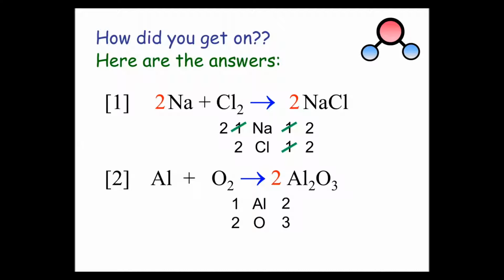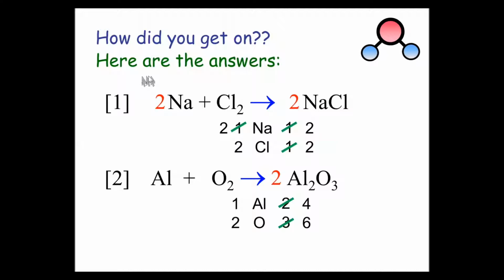So I'm going to put a 2 in front of this one. Okay, I'm going to adjust my totals. So now I have 2 times 2. That's 4 aluminum. And 2 times 3, that is 6 oxygen. Well, you might be thinking, I really haven't fixed anything at this point. And you would be correct to a point, okay?